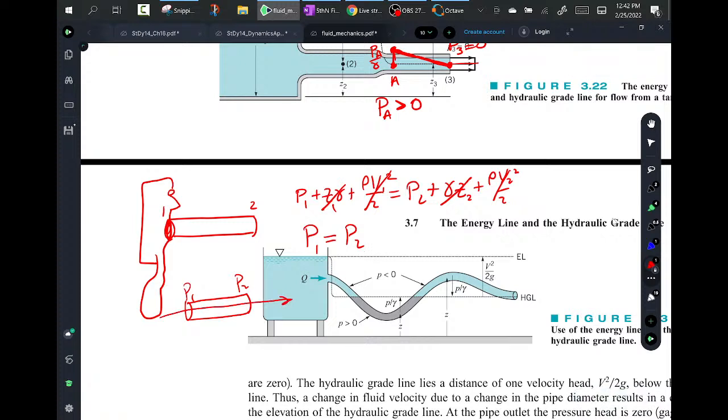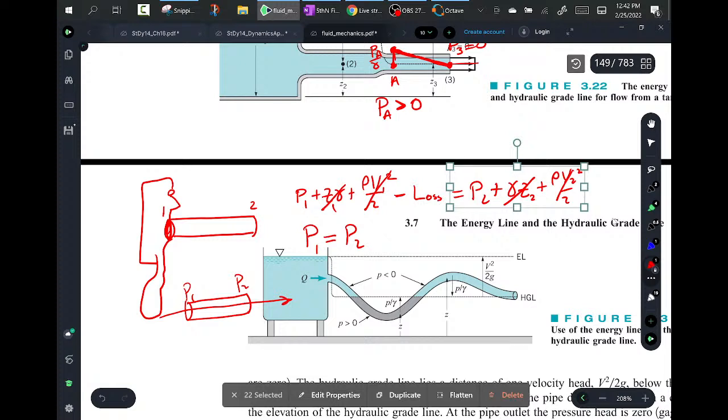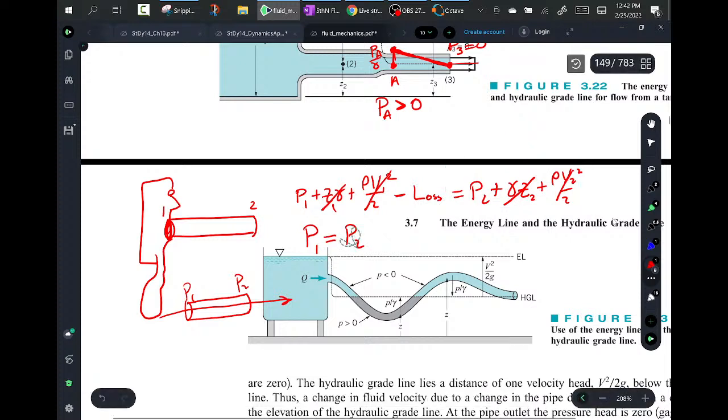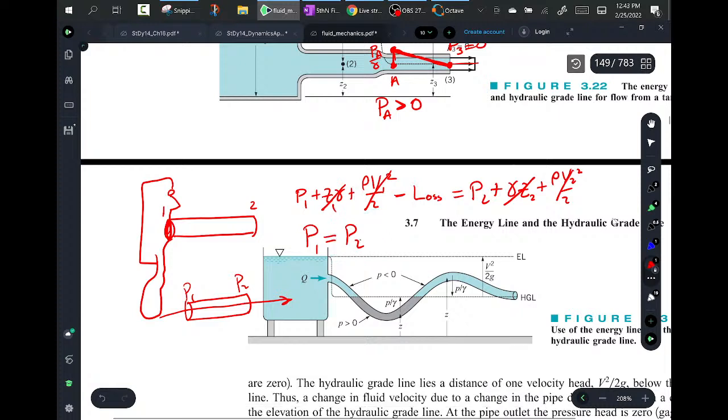Not going to happen. So in fact, what you've got in the real world is a loss here. So then you have an energy equation: P1 minus some sort of loss of pressure is equal to P2.